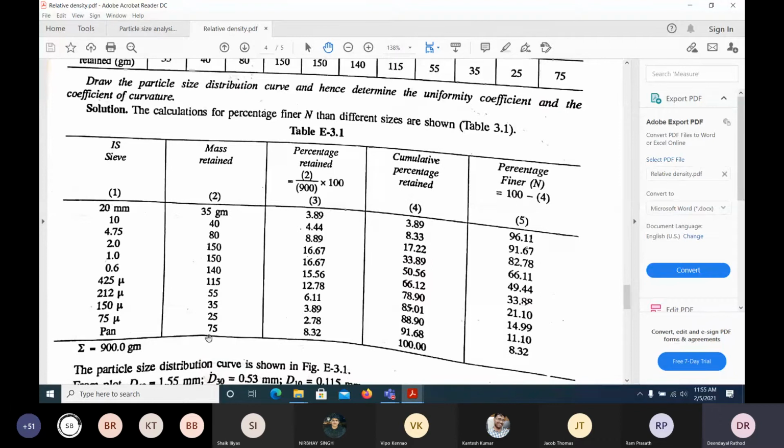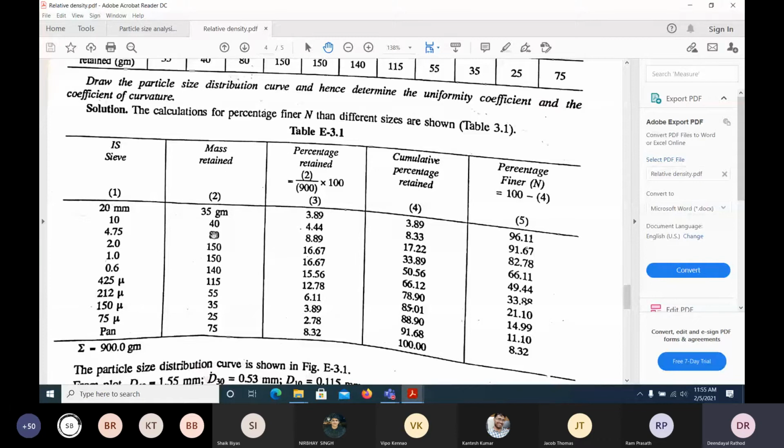If you add everything, and you add the pan also, what is left in the pan is 75 grams. So this is the fine grain soil. 75 grams is the fine grain soil in this particular soil. It is written in the pan; it passes through the 75 micron. Above this, 25, 35, 55, 115, 140, 150, and 150 and 180.